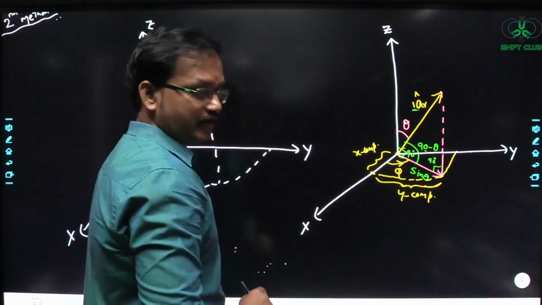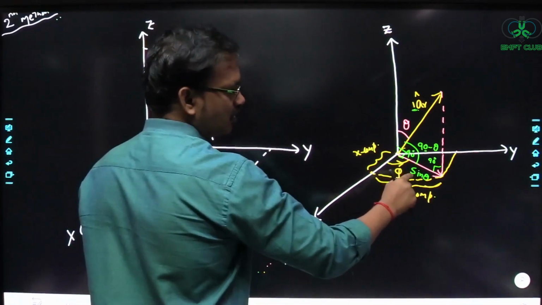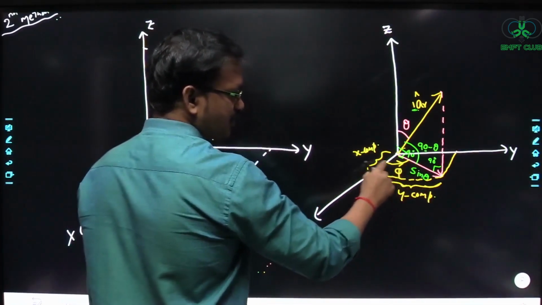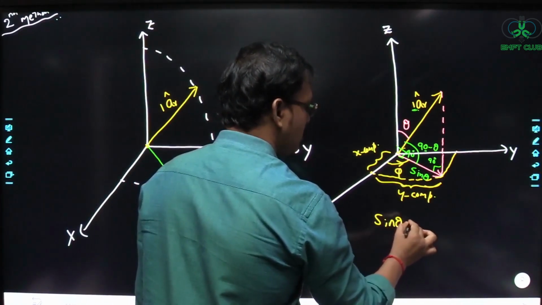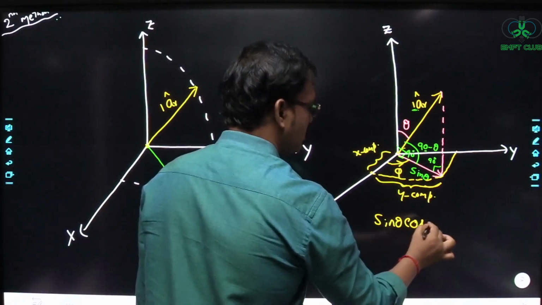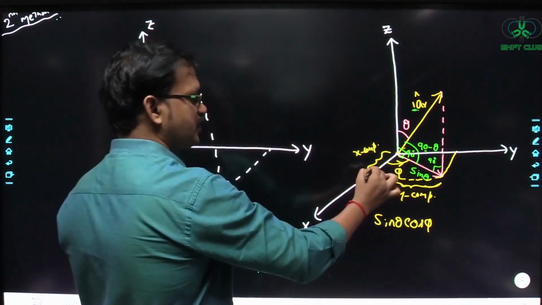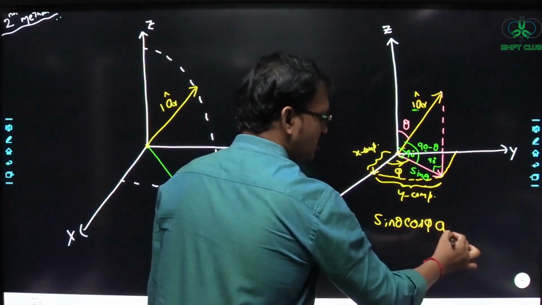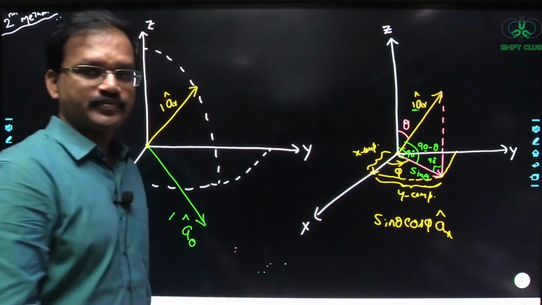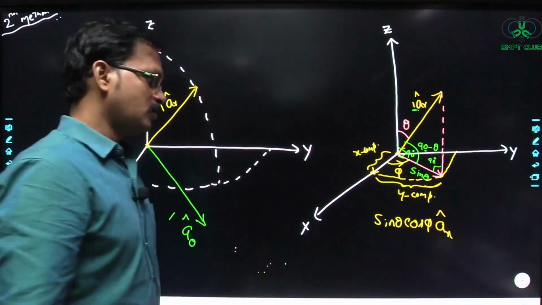It is nothing but phi. So the component of sine theta along the x direction will become sine theta cos phi. It is along the ax cap direction. So sine theta cos phi ax cap. Understood?